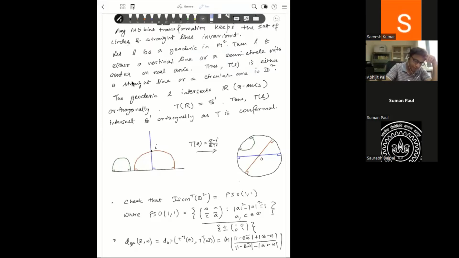Now the question is about this green geodesic in the upper half plane. Let us call it L. So why is TL not just a line like this? It can be possible, right? T of L is just a line.